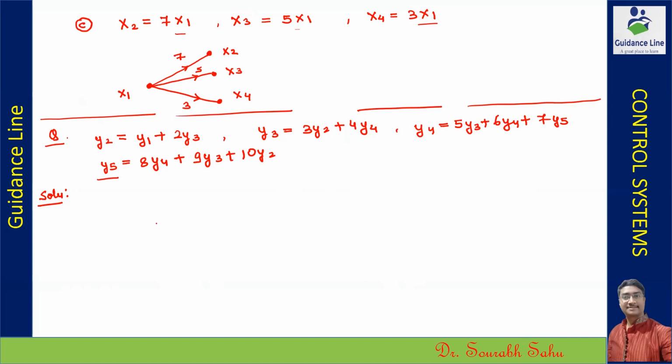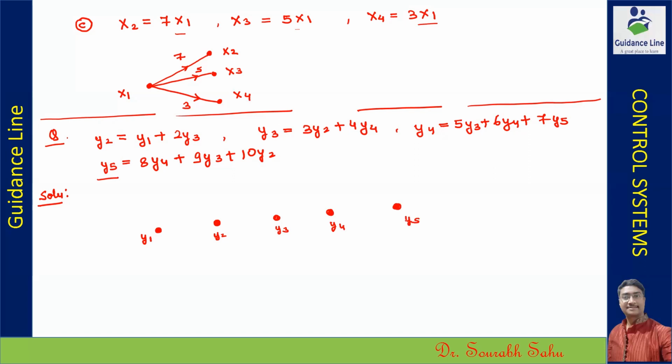So first I write the nodes: y1, y2, y3, y4 and y5.